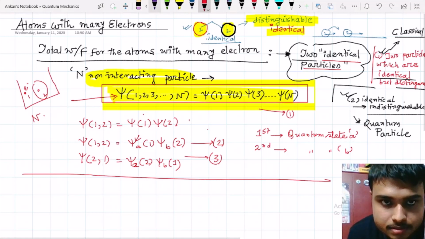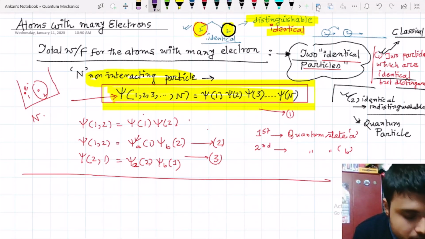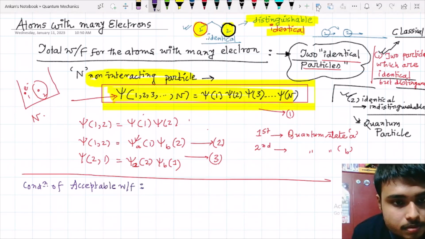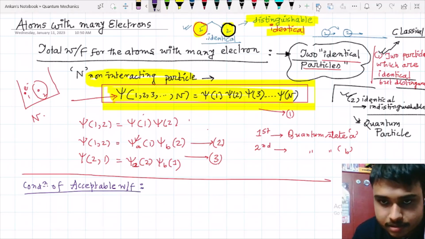Now let's discuss the condition of acceptable wave function.